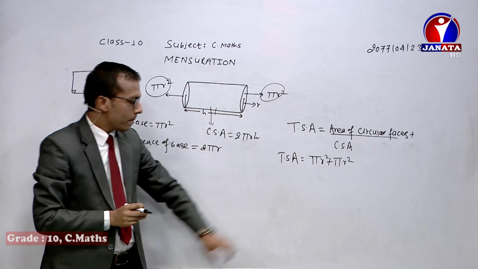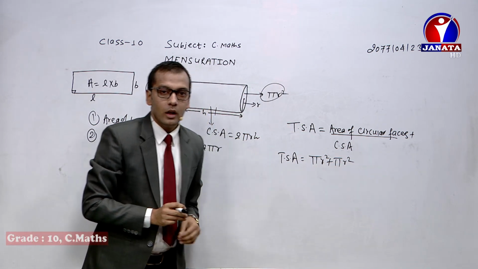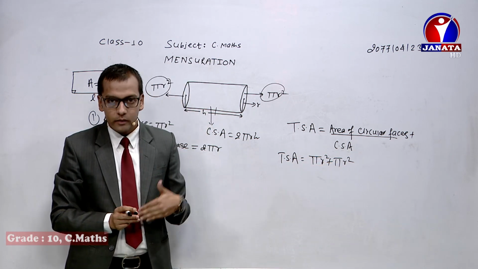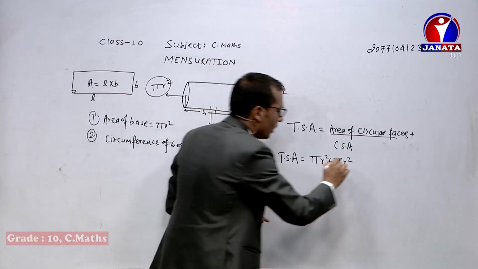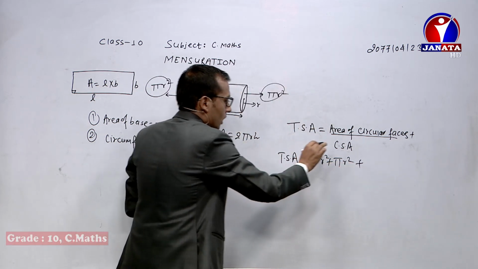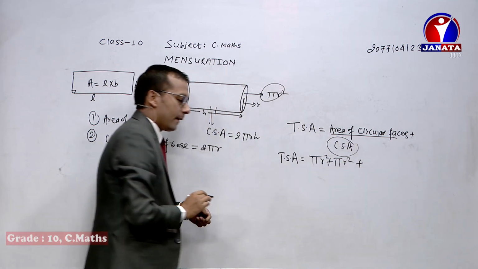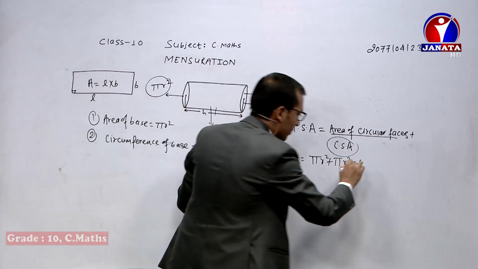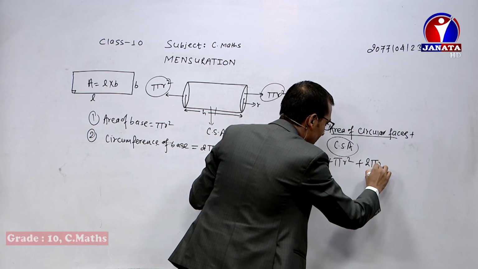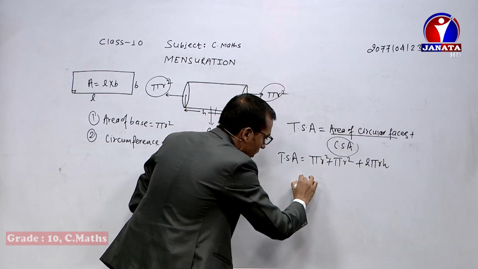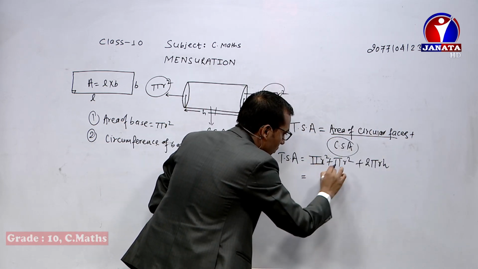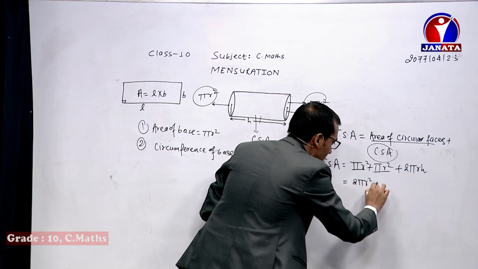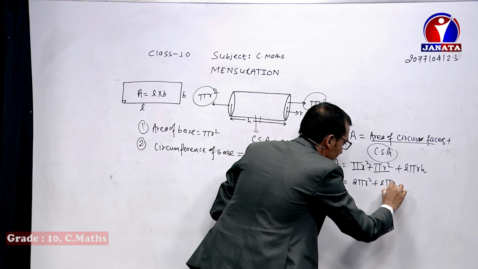These two are the areas of the two plane surfaces, which are circular faces in the case of a cylinder, plus the curved surface area, or lateral surface area, which is 2 pi r h. So pi r square plus pi r square is 2 pi r square, plus 2 pi r h.